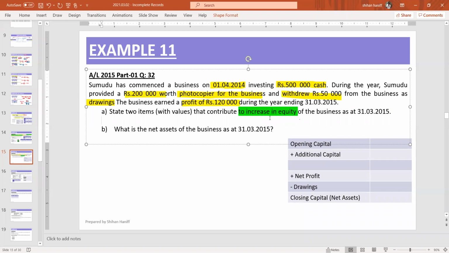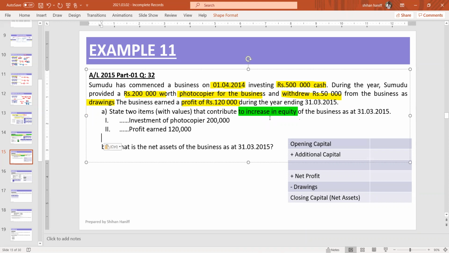What increases the equity? Right. So we can write two answers. One is investment of photocopier. The other one is the profit earned. So those two transactions will increase the equity.